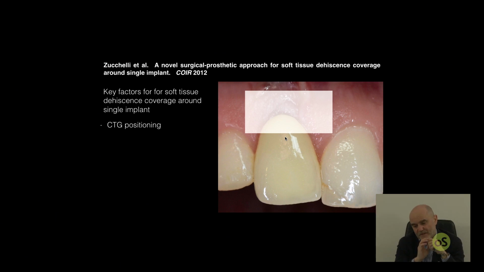aesthetic. The problem is, can a graft survive in this position if I keep the crown of the implant-supported tooth? Obviously, there is no blood supply at all for that portion of the graft that is placed above the crown.